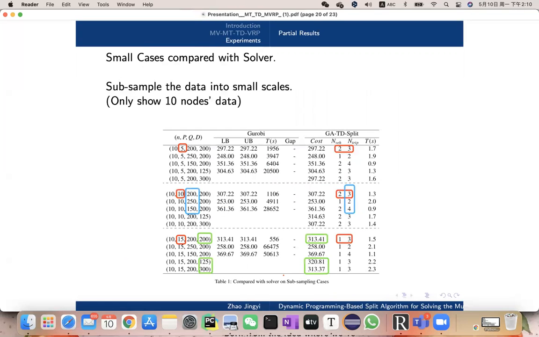Then we subsample the data into small scales with only 10 nodes. We compare the time and the best solution with the MIP solver, and find out that our algorithm can always find the best solution for all cases, but in much shorter time.